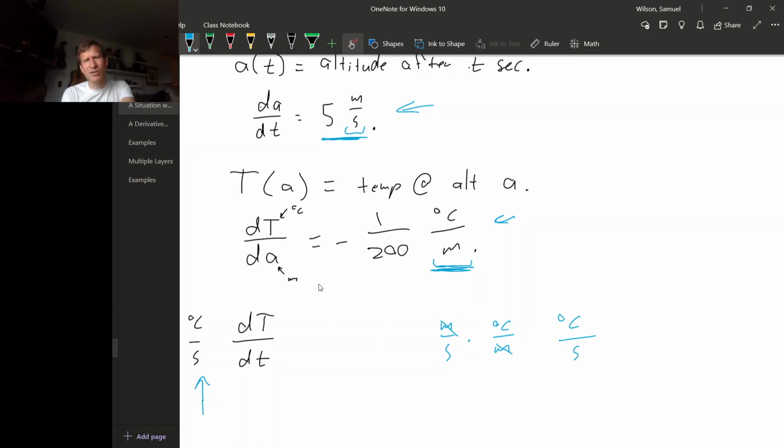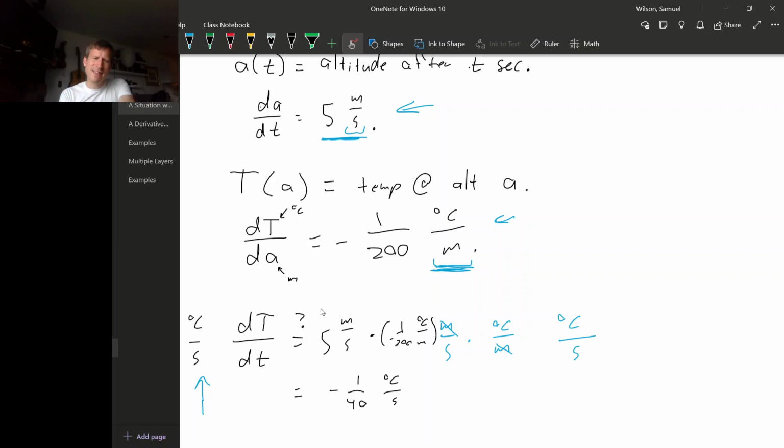So at least based on units, it seems like maybe the right thing to do here is take our 5 meters per second and multiply it by our -1/200 degrees Celsius per meter. And that would give us -1/40 degrees Celsius per second.